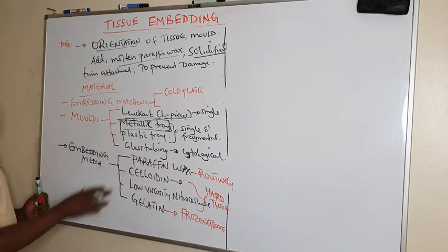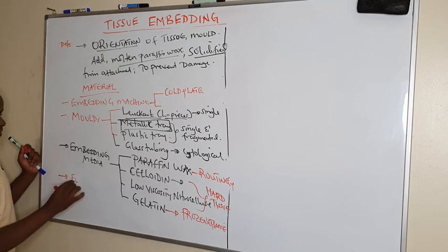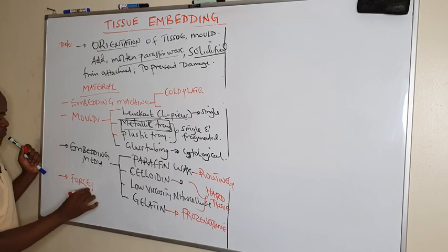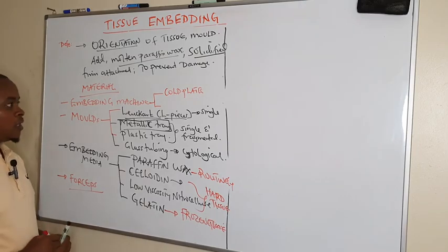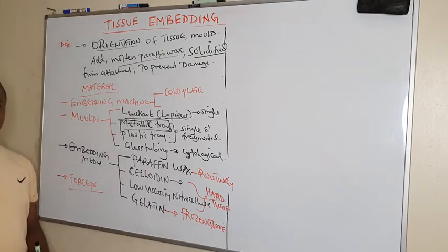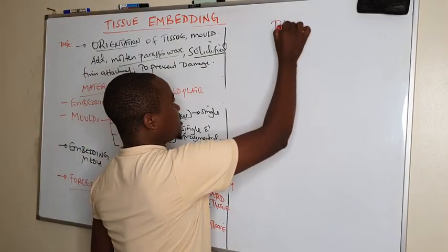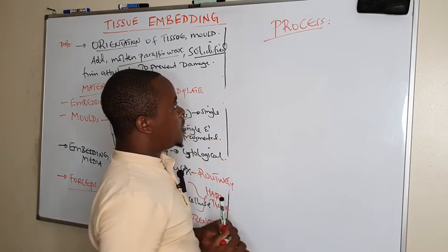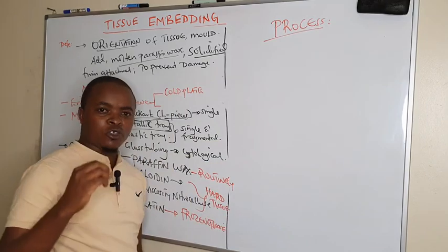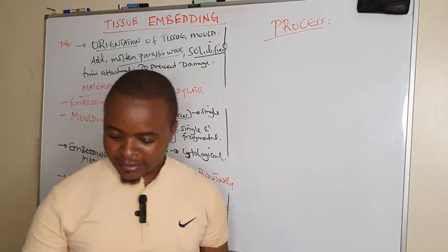Not forgetting another material, forceps, which is also needed during embedding. After looking at the materials, now we look at the process of embedding. How is it done? Before we begin, there are some precautions.